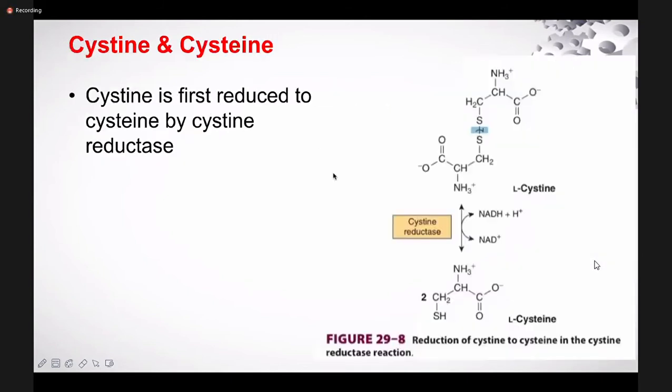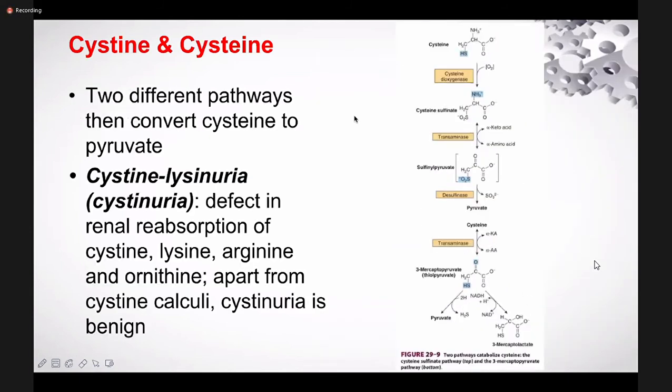Ayun. So next amino acid is cysteine. So here, from cystine, it is first reduced to cysteine by a cystine reductase. So L-cysteine. And after which, it follows two different pathways that convert cysteine to pyruvate.